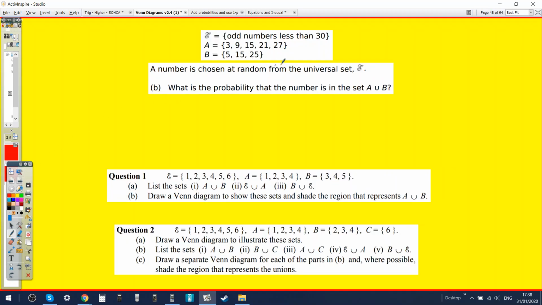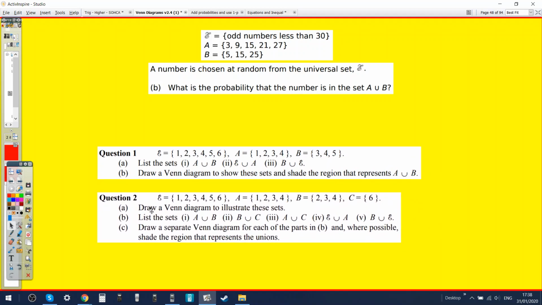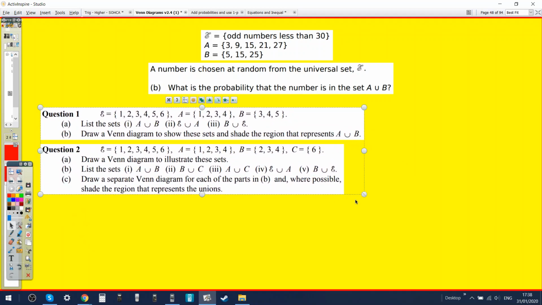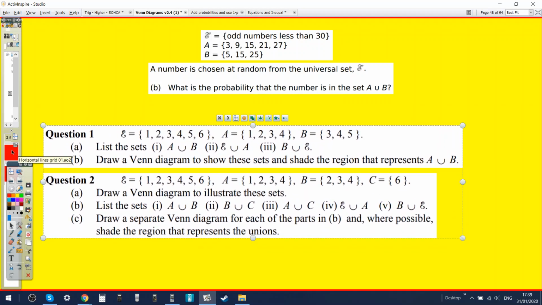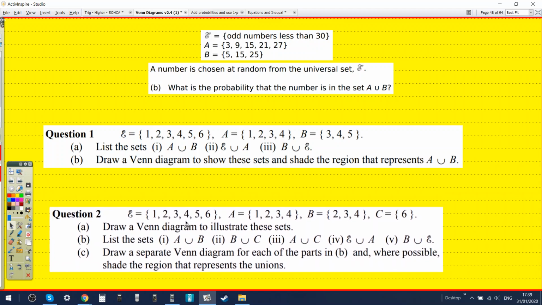Let me see this one. Okay, let's try question 1. U means union. And so that just means everything in A as well as everything in B. That's like either or. Except you don't repeat the same thing twice.